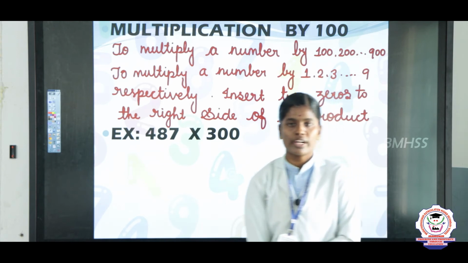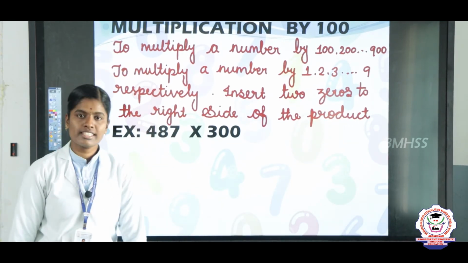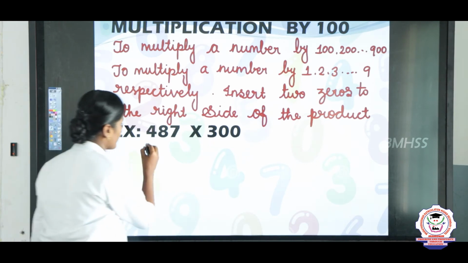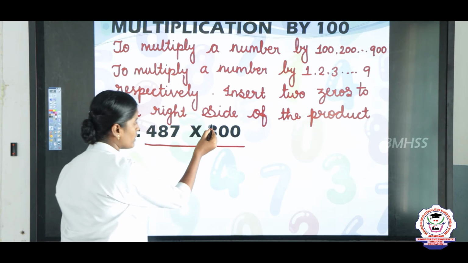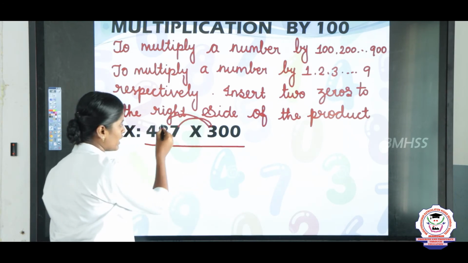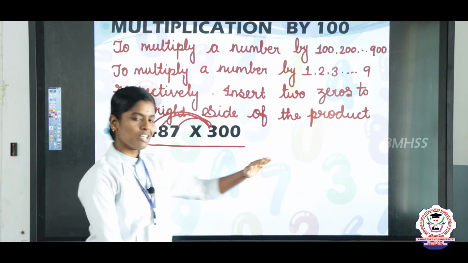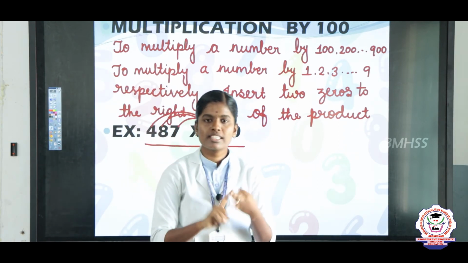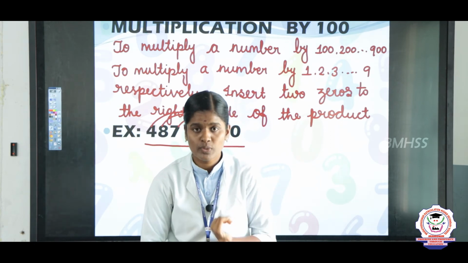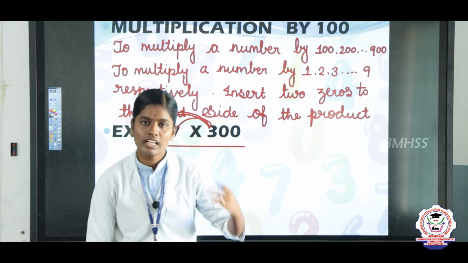Okay. So now for example, 487 is multiplied by 300. First you are going to multiply 3 by 7, 3 by 8 and 3 by 4. Take 3 sevens: 3 sevens are 21.